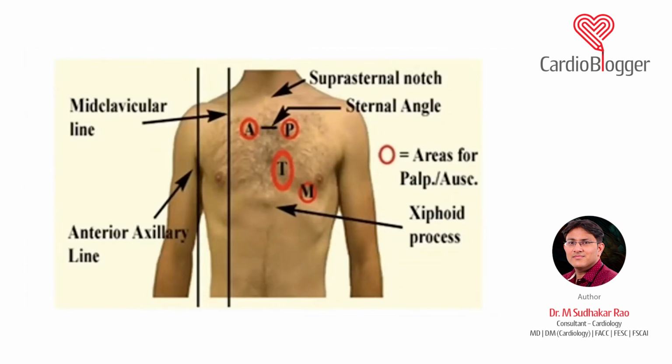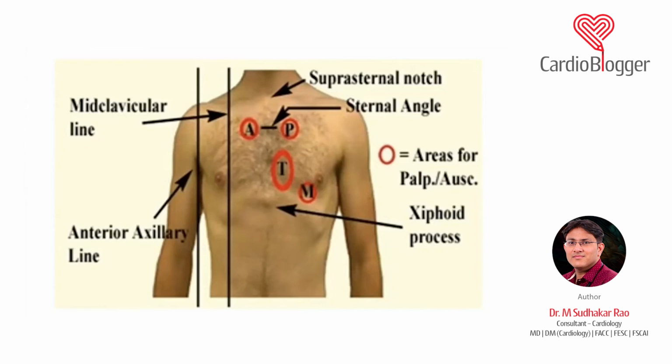In the epigastric area, you should palpate for epigastric pulsations. On the left parasternal area, you should palpate for the parasternal heave and look for parasternal pulsations. In the pulmonary area, you should feel for parasternal pulsations, and a palpable P2 should be noted.